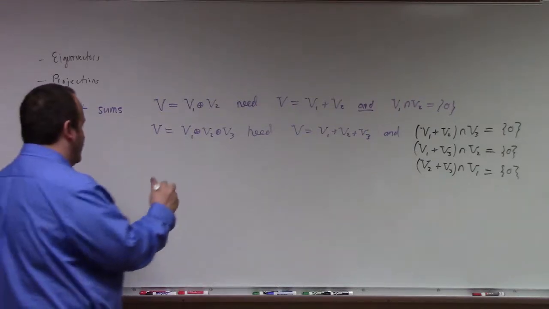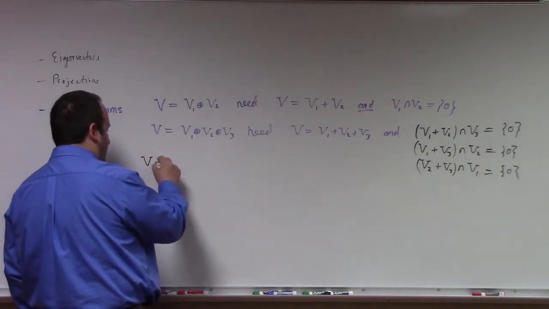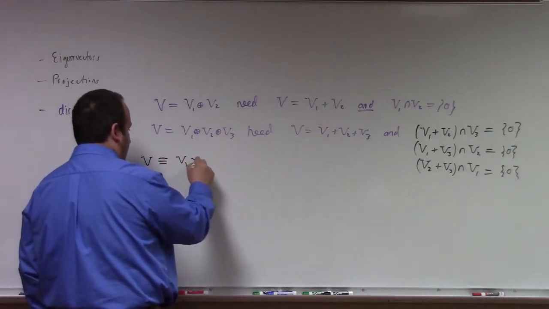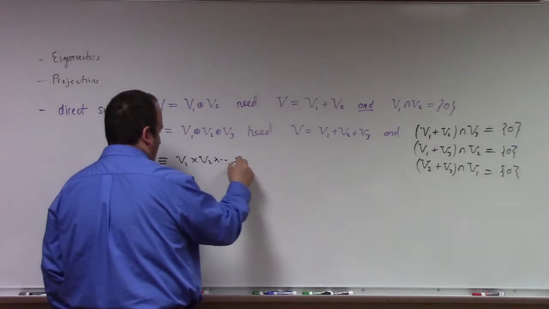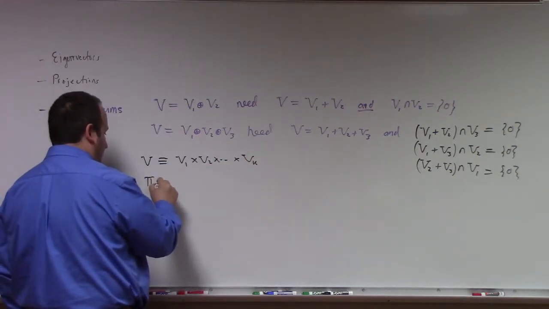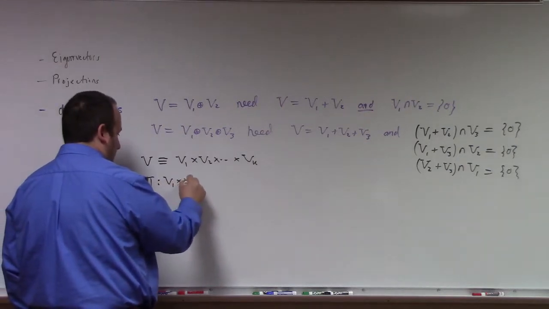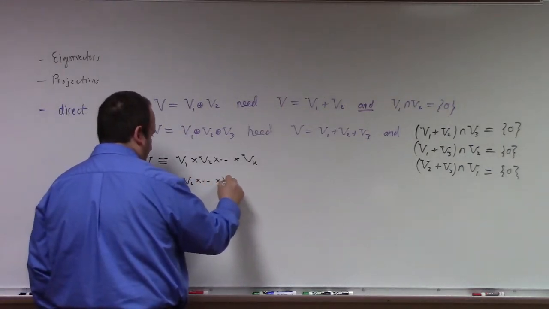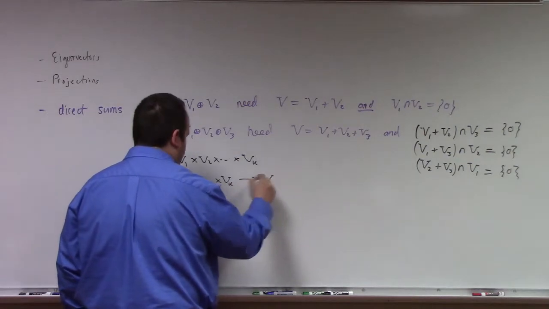That there exists, if you have v is isomorphic to v1 cross v2 cross vk by the mapping pi, going from this Cartesian product to v. What's the formula for the map pi?